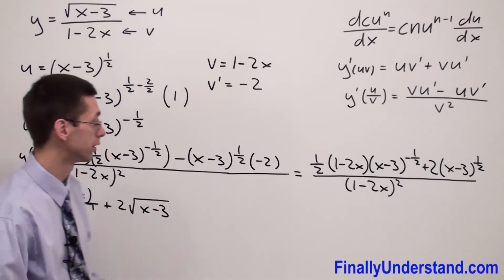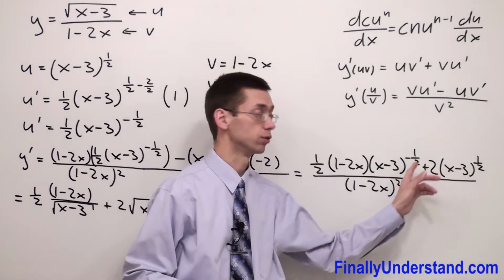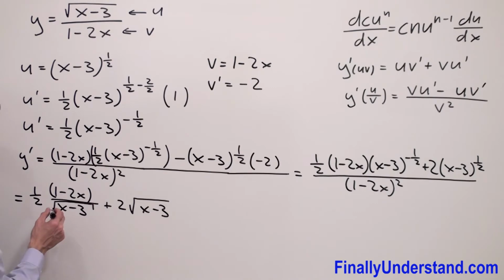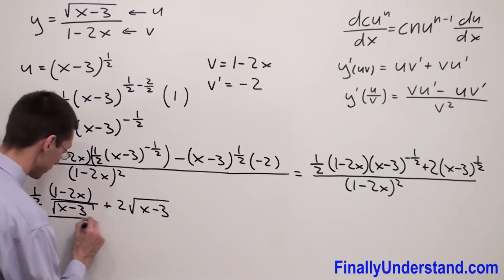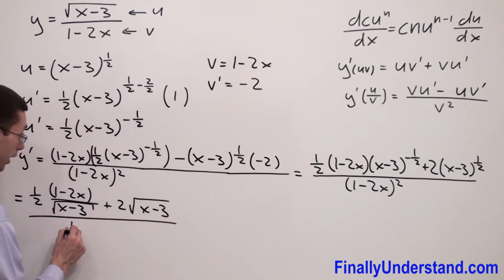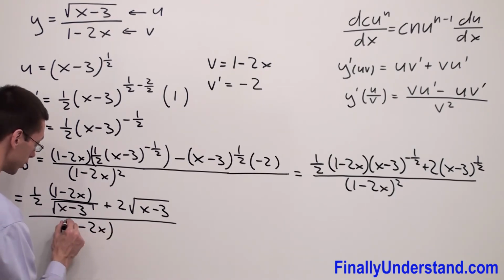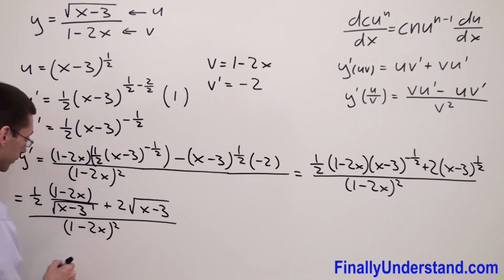Okay, I convert the exponents to the square root. So next I have to divide this by 1 minus 2x to the second power.